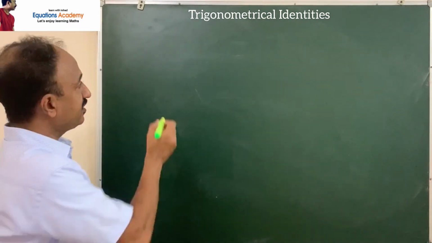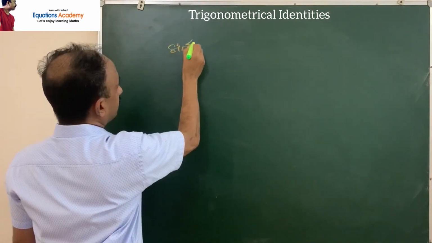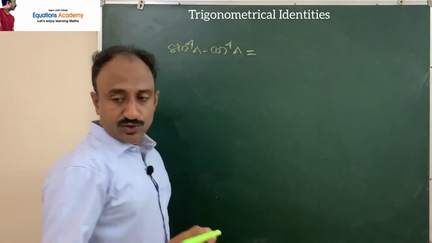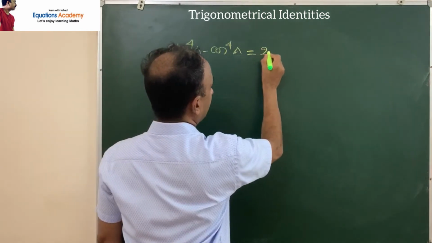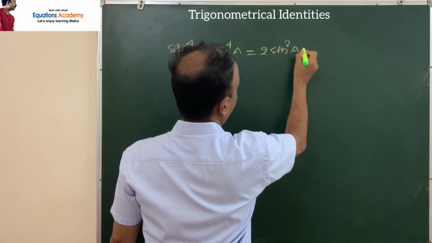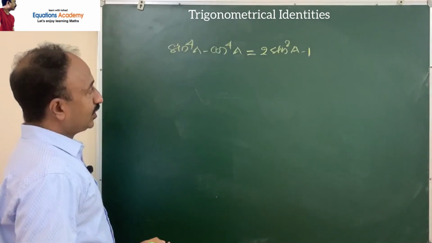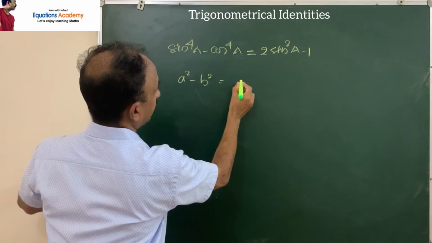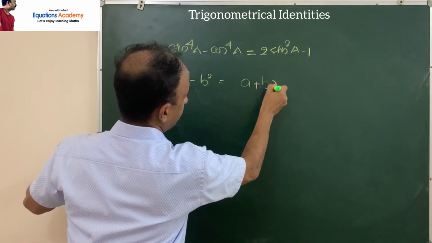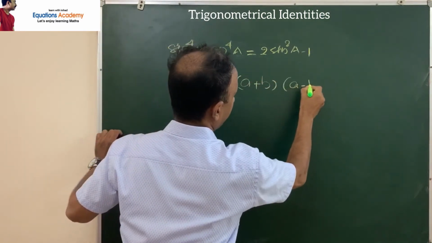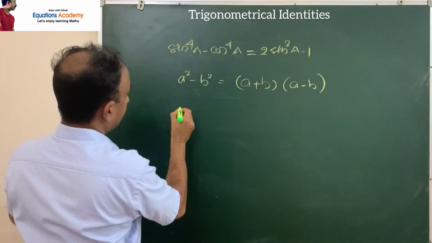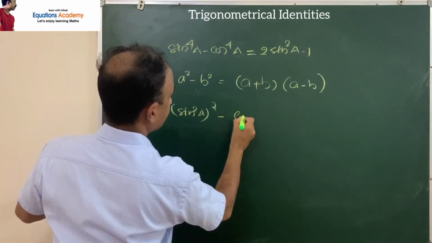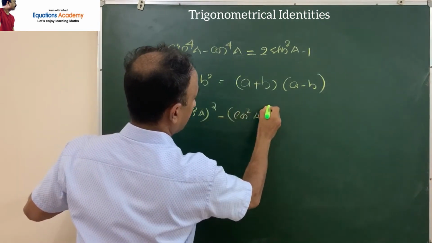Question 5. Sin raised to 4A minus cos raised to 4A is equal to 2 sin square A minus 1. We know that A square minus B square is equal to A plus B into A minus B. We can write sin square A whole square minus cos square A whole square.